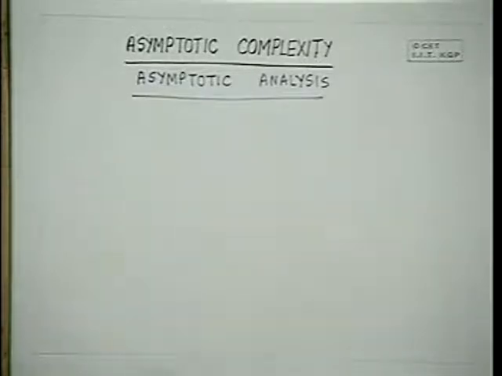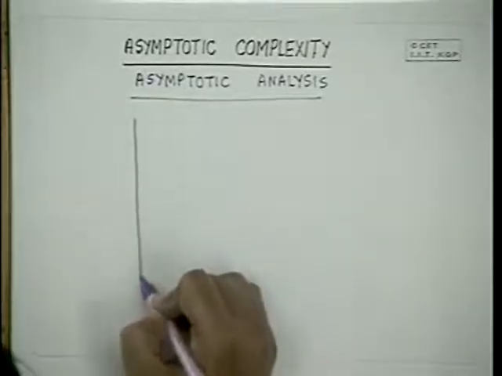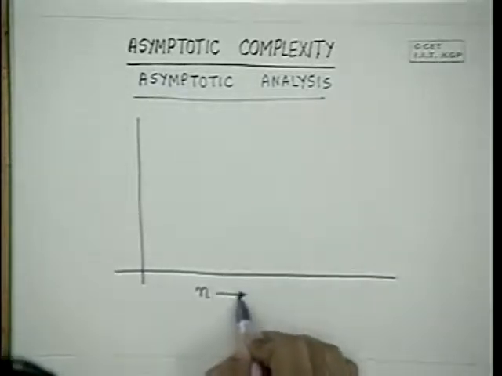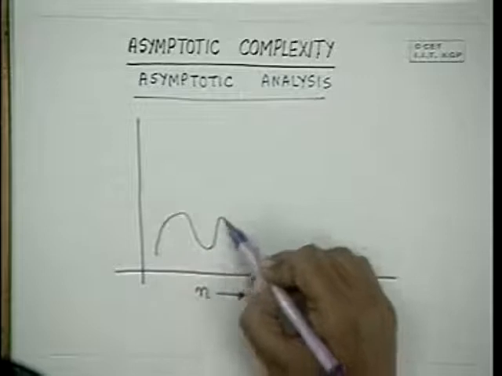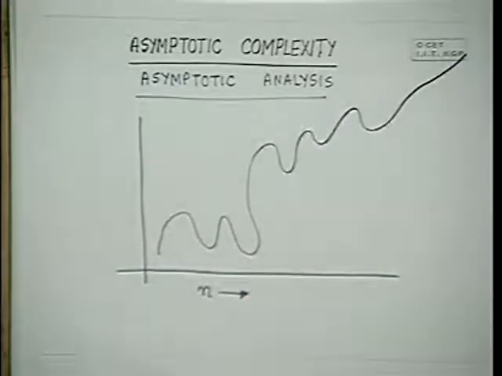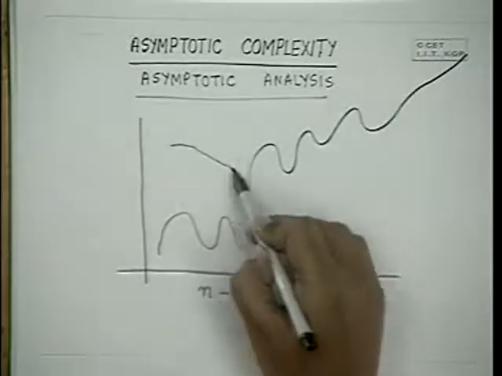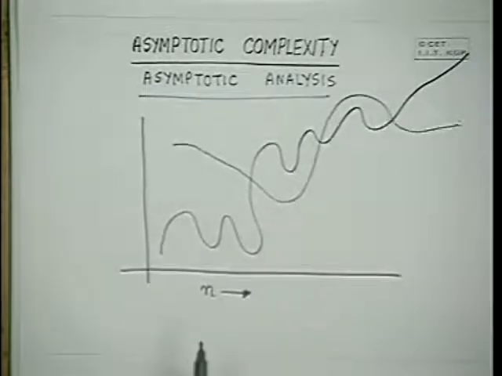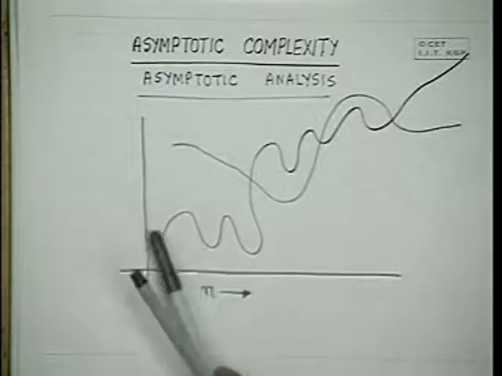That is, suppose we have a function. After having defined the input size n, one of them is like this. The other one, now, based on these two, we cannot differentiate between them.